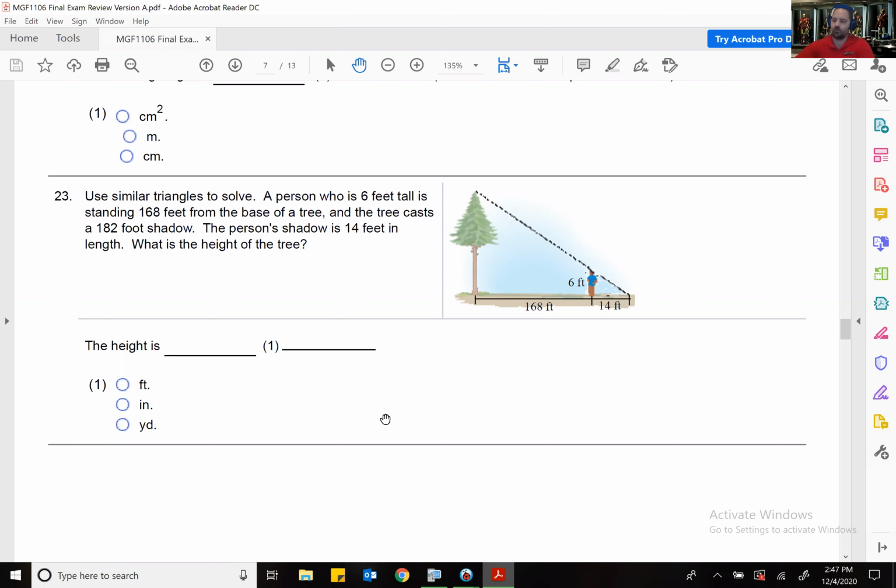Okay, so we've got a 6-foot tall person. We've got a 14-foot shadow. And we've got this other length of 168 feet. We want to know how tall is our tree.